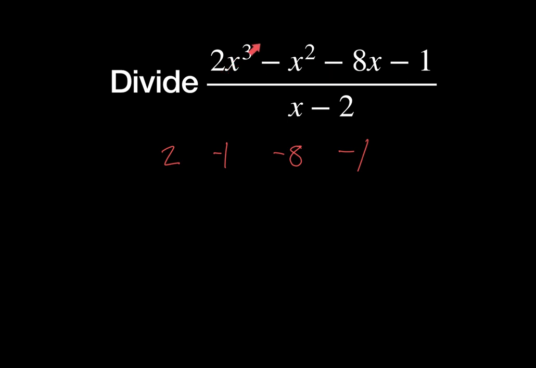There's x cubed, x squared, x's, no x's. There's nothing missing. These stay as is. Synthetic division is, I think, what makes this 0. Positive 2. 2 minus 2 would make it 0. For synthetic division, I take the opposite sign.